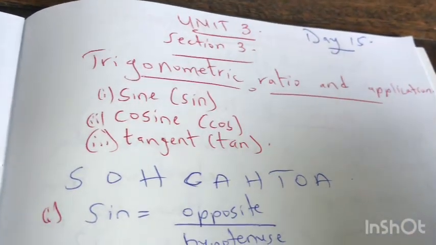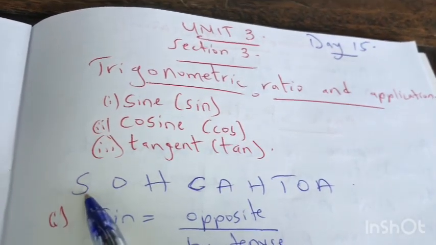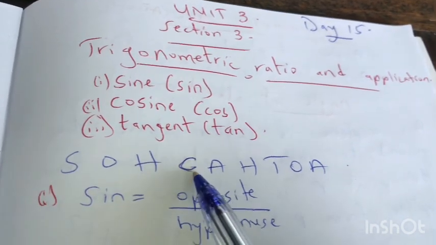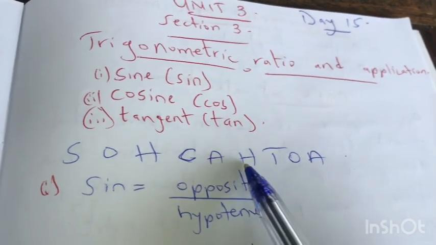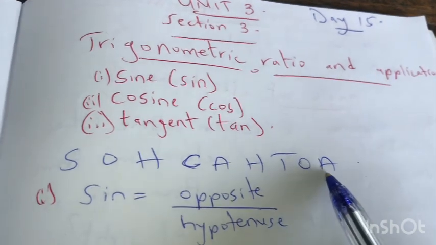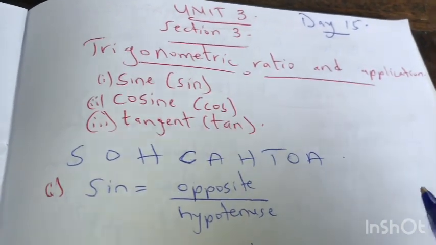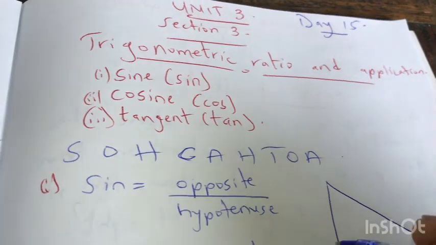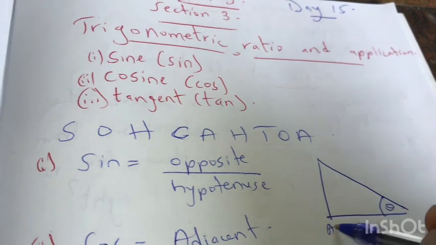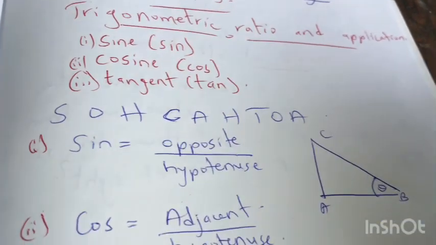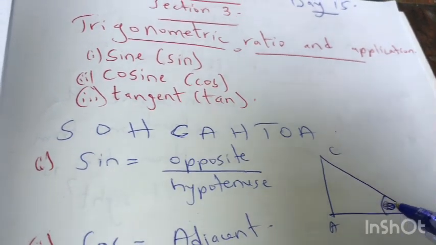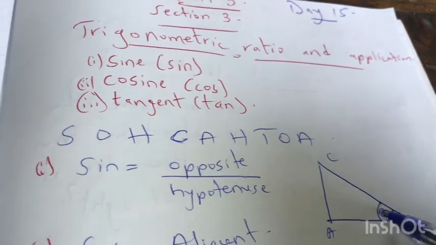SOHCAHTOA means S for sine, O opposite, H hypotenuse, C cosine, A adjacent, H hypotenuse, T tangent, O opposite, and A adjacent. All this is dealing with right angle triangles. If you have a triangle ABC and an angle like this, the opposite is the side that faces the angle.